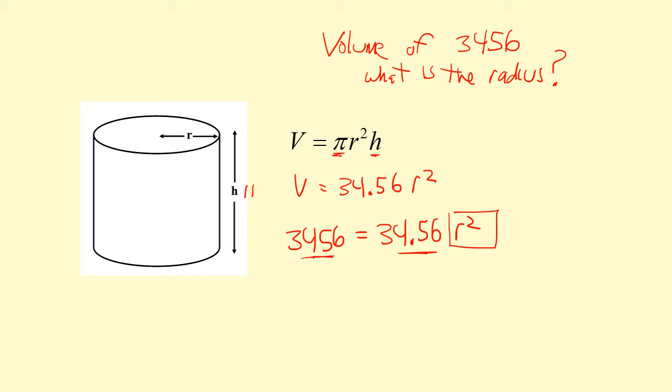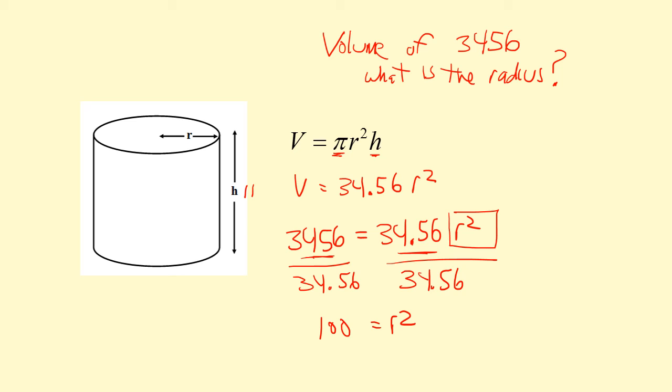The way to answer the question, what do we multiply something by, can be answered with division. So we would divide both of these sides by 34.56, because that's the opposite of the multiplication that's going on here. And we'd get 100 equals r squared.